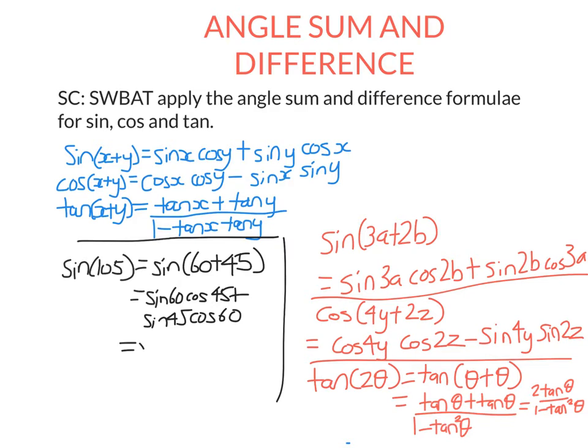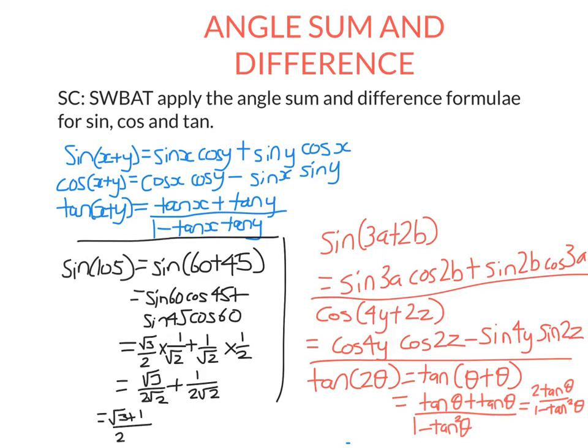So we have sine 60 times cos 45 plus sine of 45 by cos 60. Let's simplify this. Root 3 times 1, 2 times root 2 gives me the first fraction, and then the second fraction, 1 times 1, 2 times root 2. So that is root 3 plus 1 over 2 root 2.